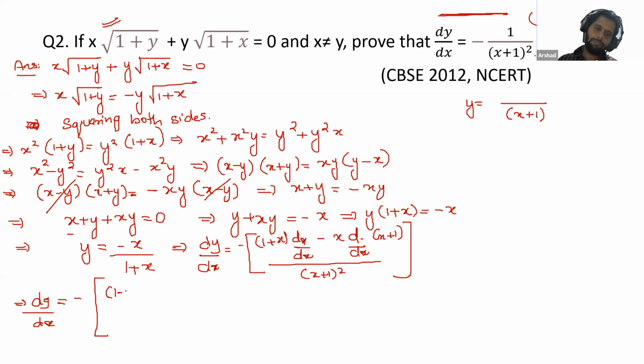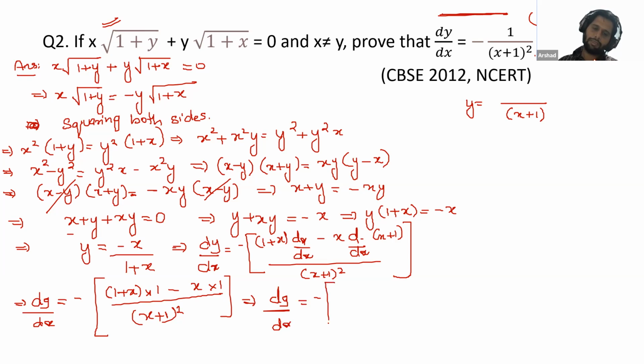Now here we get 1 plus x, and the derivative of x is 1, minus x, and the derivative of x plus 1 is also 1, by x plus 1 whole square. Open this bracket. What will you get here?